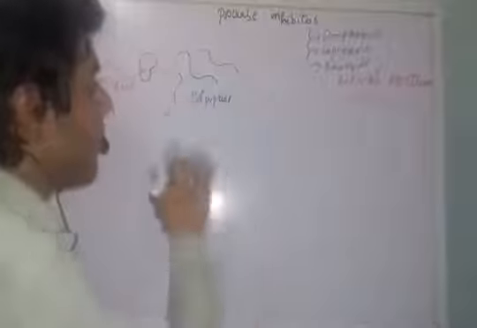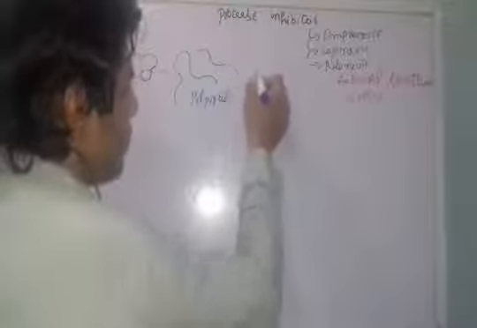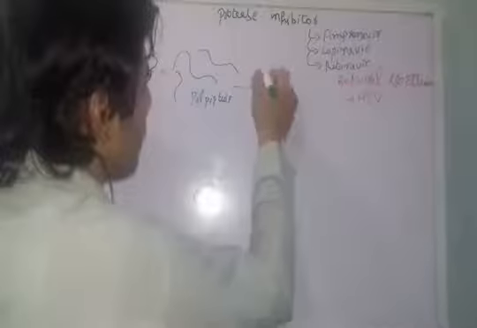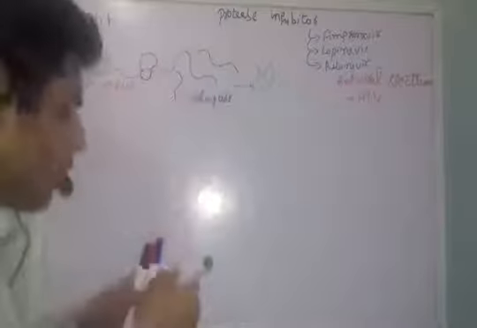These long polypeptides will then pass through an enzyme, which we usually call the protease enzyme. The structure of this protease enzyme will be just like in this form. So what does this protease enzyme do? It cleaves.